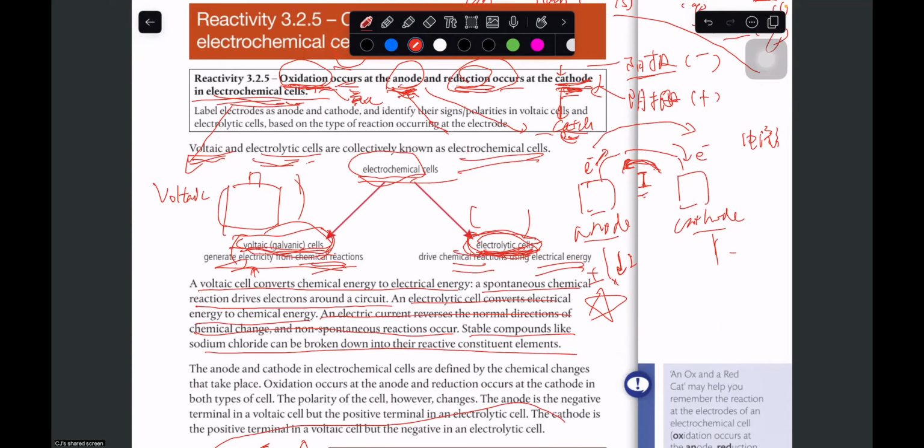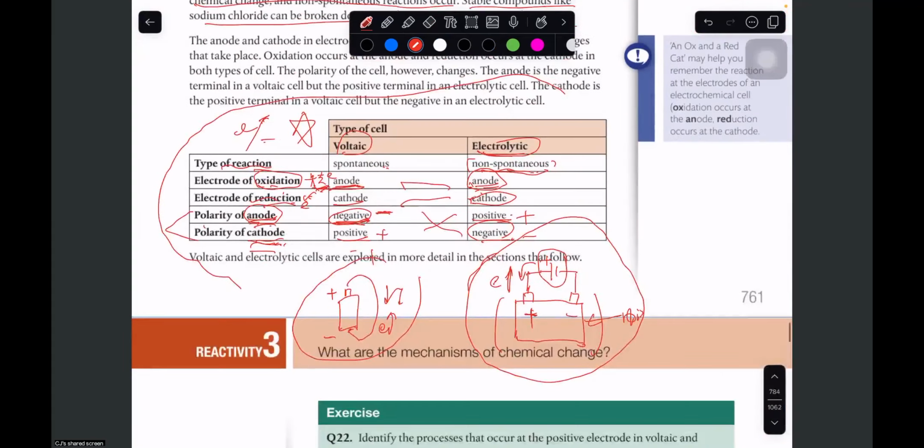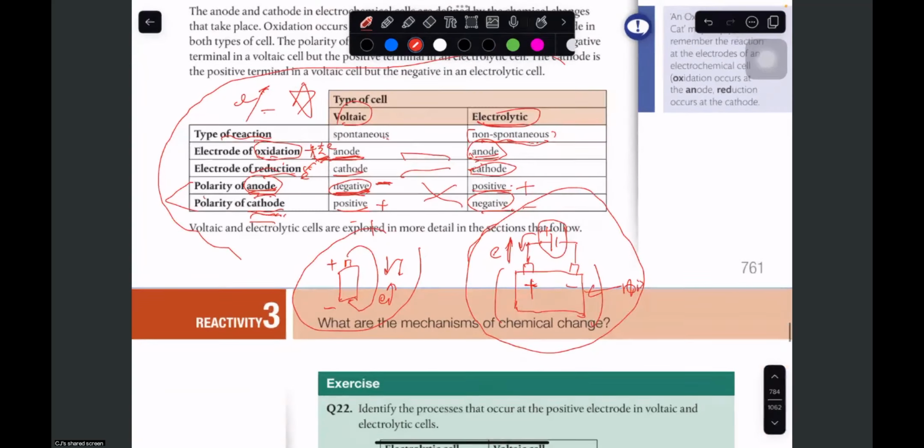But for the electrolytic cells, if we want to build them, we need to use electrical energy to drive them. For both types of cells, the anode has the property of oxidation, right? It will lose electrons. And the cathode can get electrons to reduce the electrode.